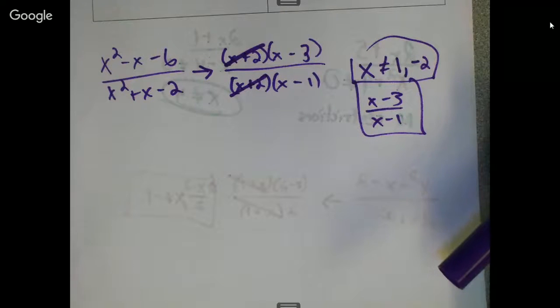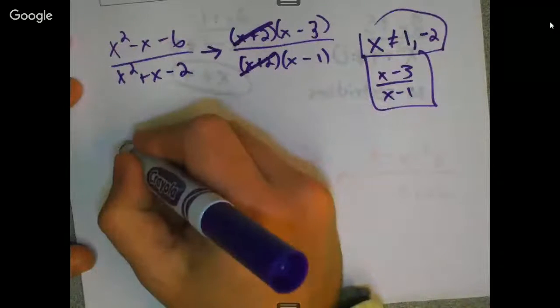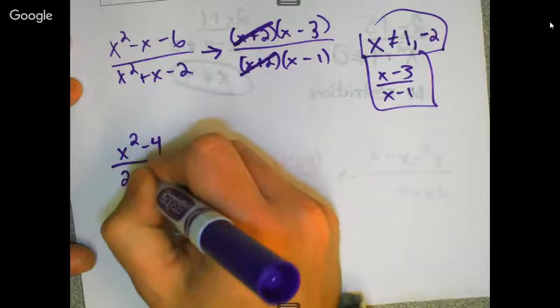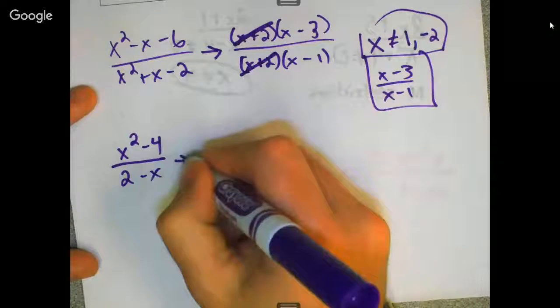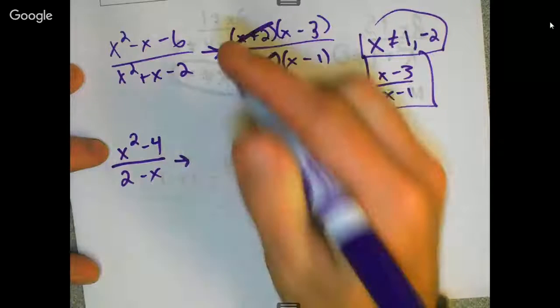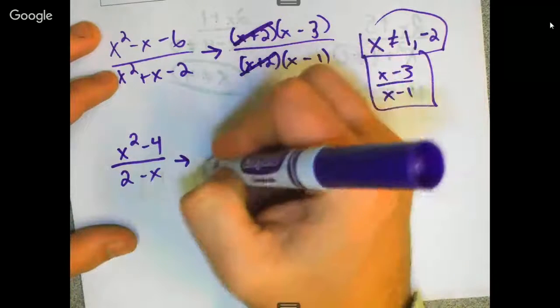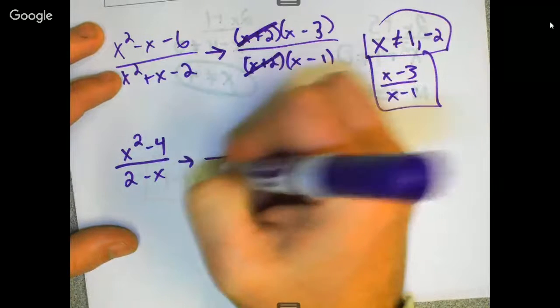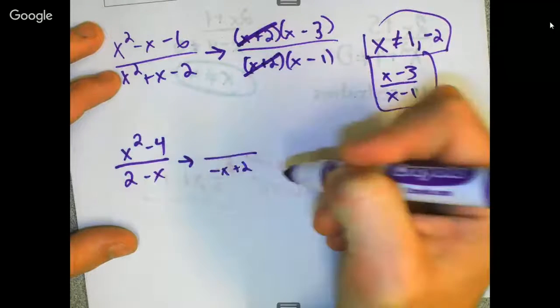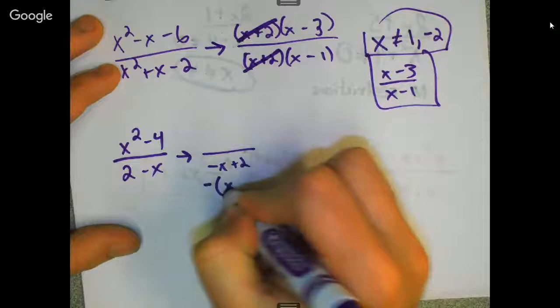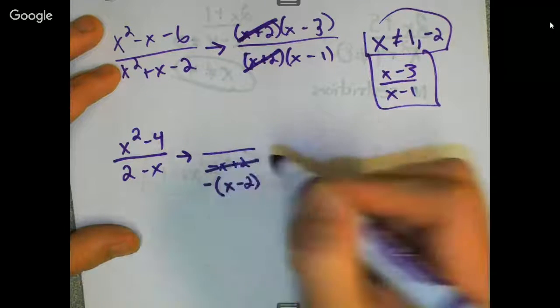Okay, let's do one more of those. So we have x squared minus 4 over minus x plus 2. So this one's already factored out. We might want to rewrite that. I probably want to factor out a negative here because we never want that x to be negative. Okay, so there we go.